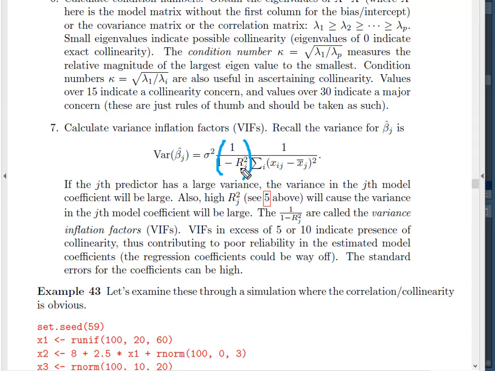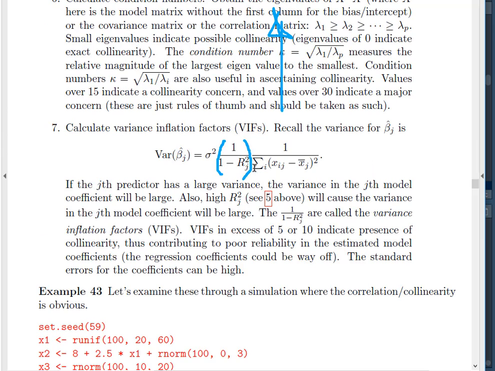You can see what happens if rj squared is high. We know from our previous discussion in number 5 that a large rj squared value can be a sign of multicollinearity, right? So look at what happens there. If rj squared is high, then the denominator here is going to be small, and so this entire factor, 1 over all that stuff, is going to be large, and therefore the variance estimate for our j'th model coefficient will be inflated.